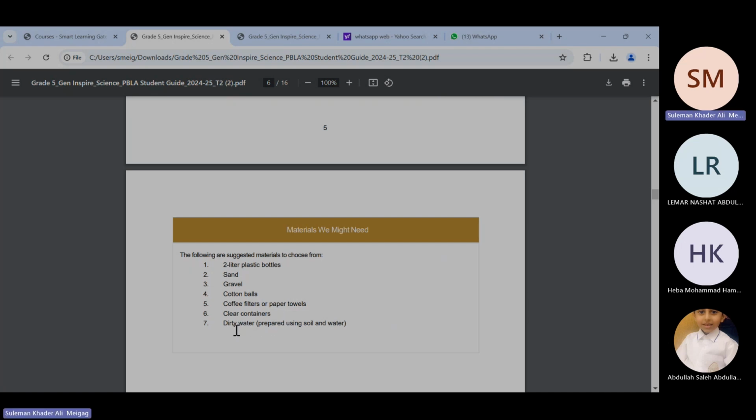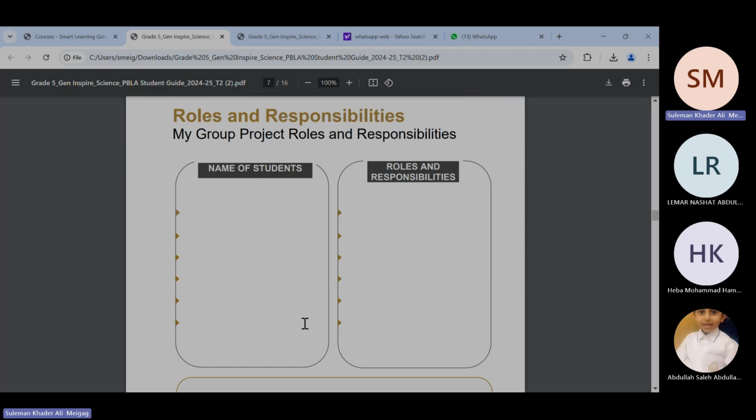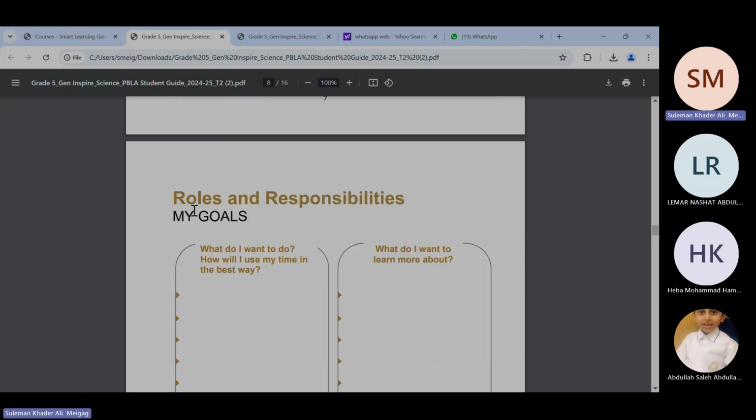Okay, dirty water means water that is not clean. And then you will make it pure water. Okay, so here goes the names in the book for the project. Then we will write the roles and responsibility.